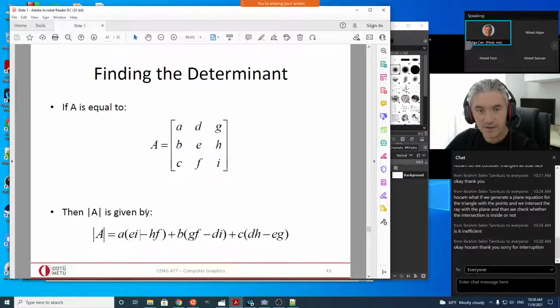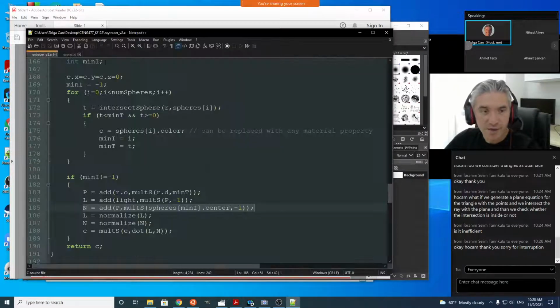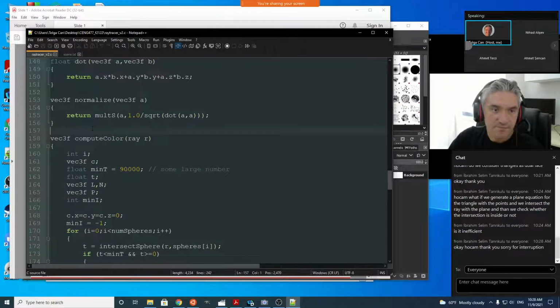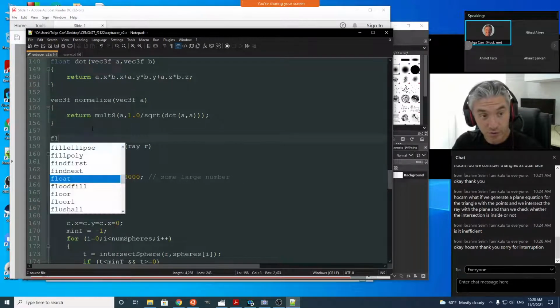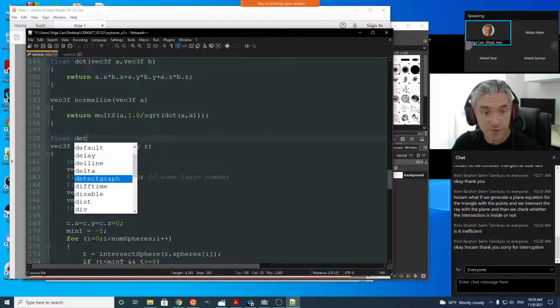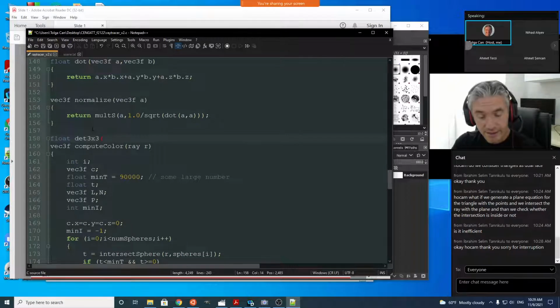And here, you just need to have a function, determinant 3 by 3, for example. You may write a function named determinant, for example, void, it's not going to be void, it's going to return a float value, determinant 3 by 3. It gets a float matrix, okay, like this.